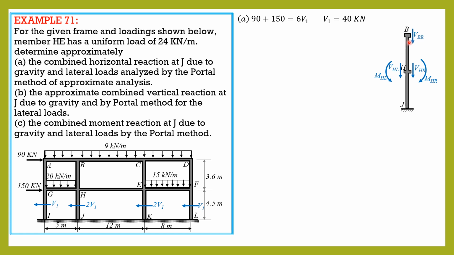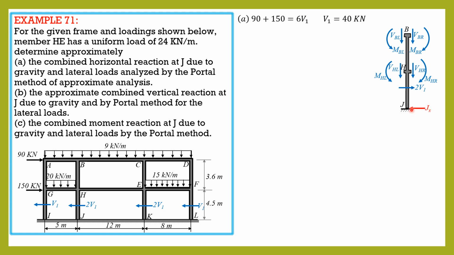At B, we have VBR and moment MBR, shear VBL left, and MBL, or reaction at the left of B, reaction to the right of B. Then we have 2V1, which is this by action reaction. So the distance is 2.5.